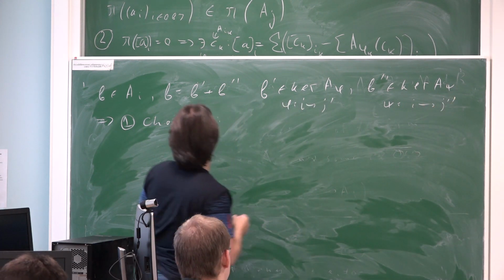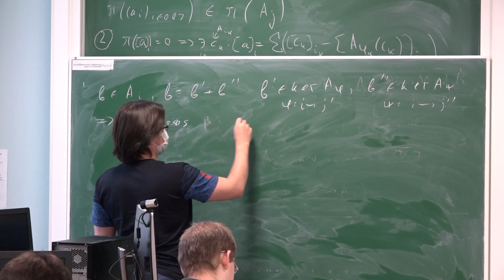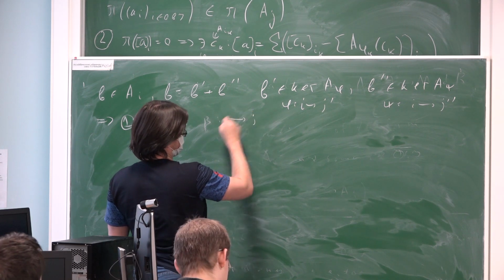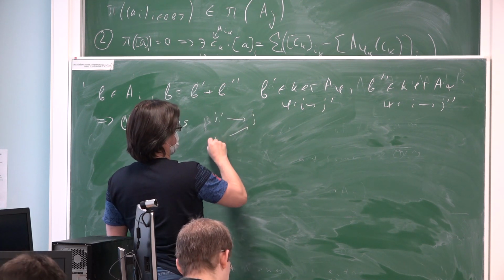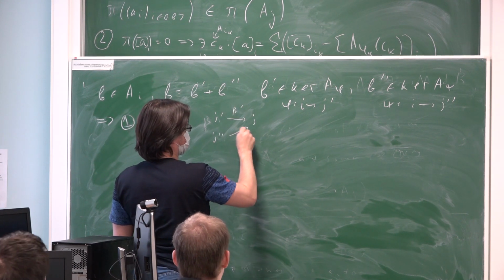Then we can choose some j with two morphisms, beta prime and beta2 prime.